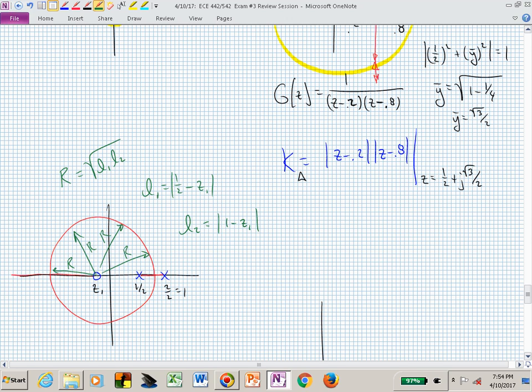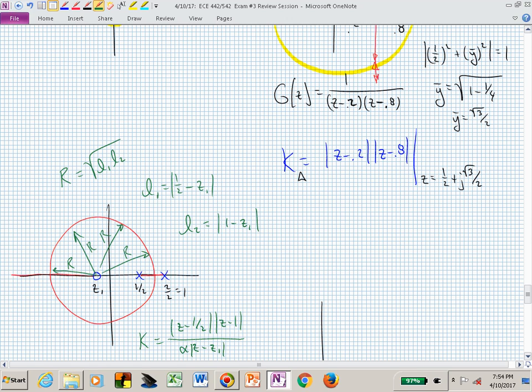Now you could use the formula for k. In this case, k times the 0 factors and the pole factors all have to have a magnitude of 1. This would now be z minus 1/2, z minus 1, all over z minus z sub 1. And if there was a constant in our transfer function, that would be an alpha, which would be downstairs.